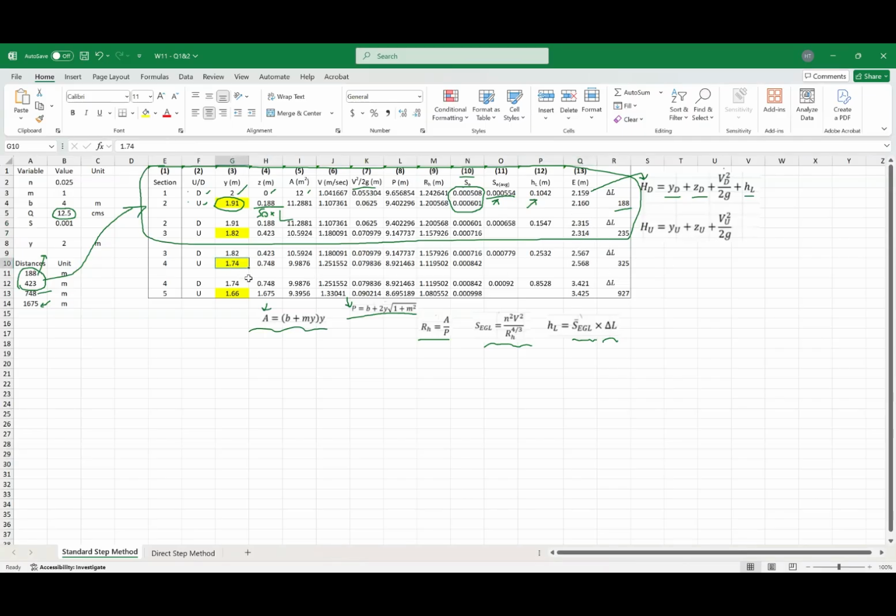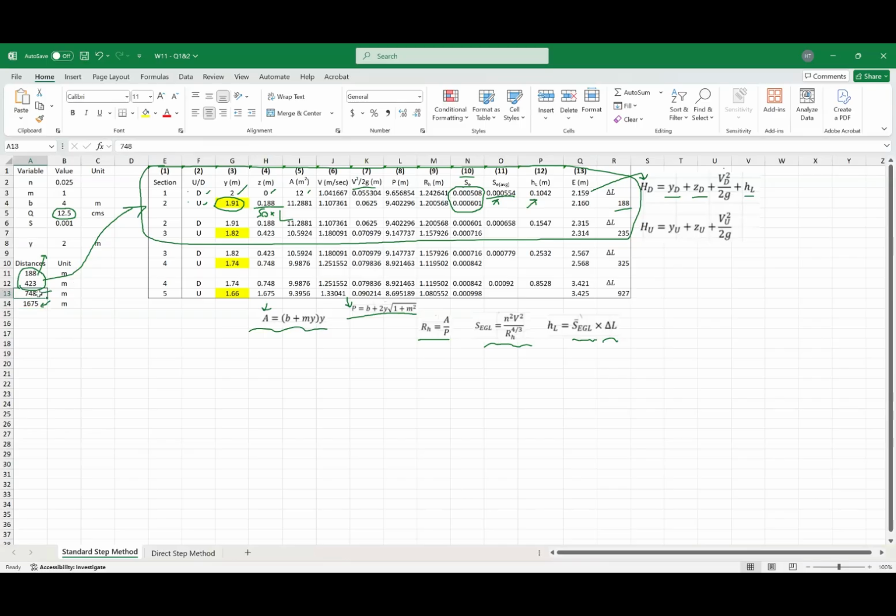These are actually given in the example, so we don't need to find this, but we need to find the water depth for the distances 748 and also for 1675.